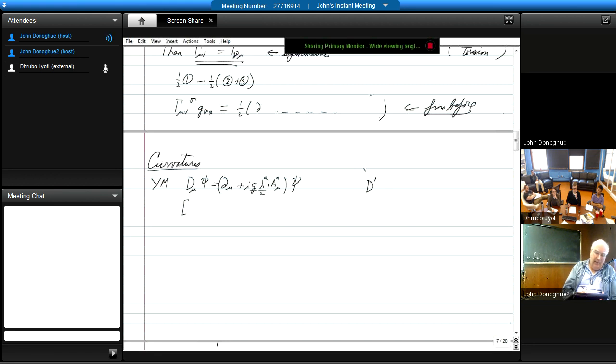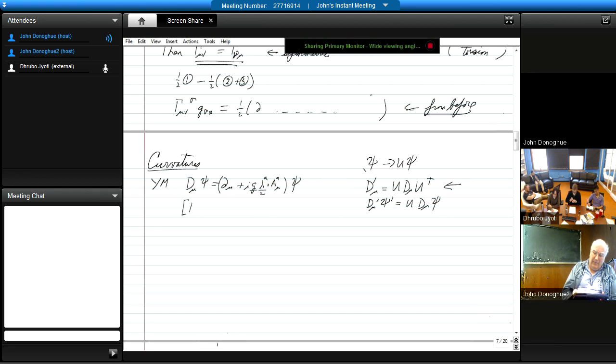We took this to transform as D prime mu is U D mu U dagger, and this is the same thing that we had above here. D prime mu psi prime is U D mu psi. So it basically transforms just like any element in the group. Psi goes to U psi, D prime psi goes to U D psi.